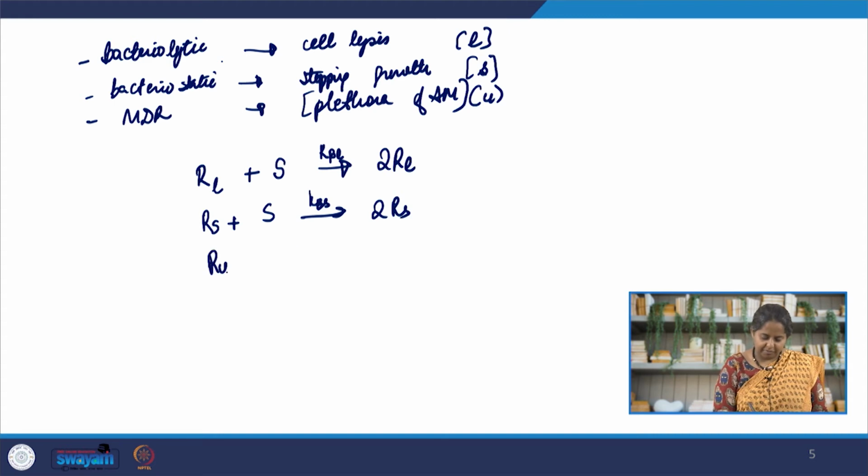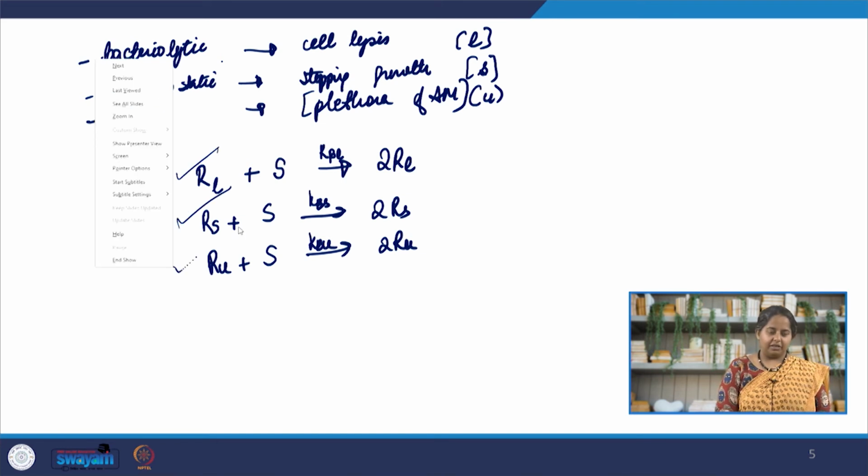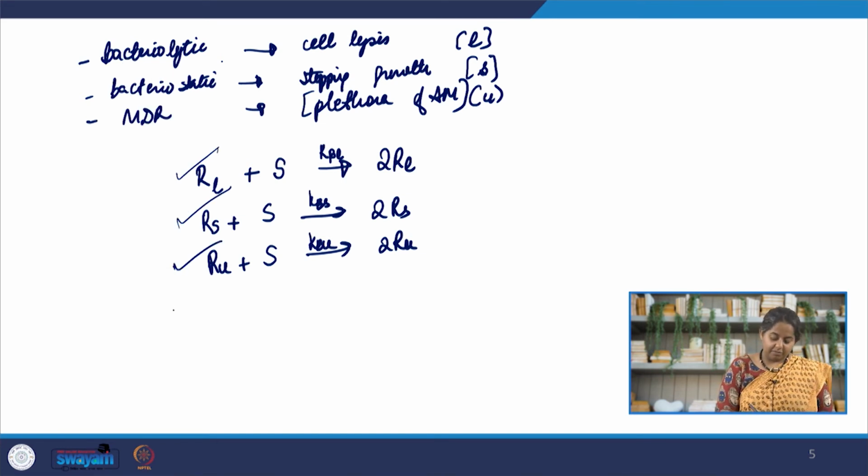Now we have another equation for bacteriostatic. And then for multi-drug resistance. Now for each of these, we'll have a rate constant. So basically, for each of these, I can write the rate at which RL is changing with time, RS is changing with time, and RU is changing with time. Practically, the rate at which resistant bacteria is changing with time is what I'm interested in.